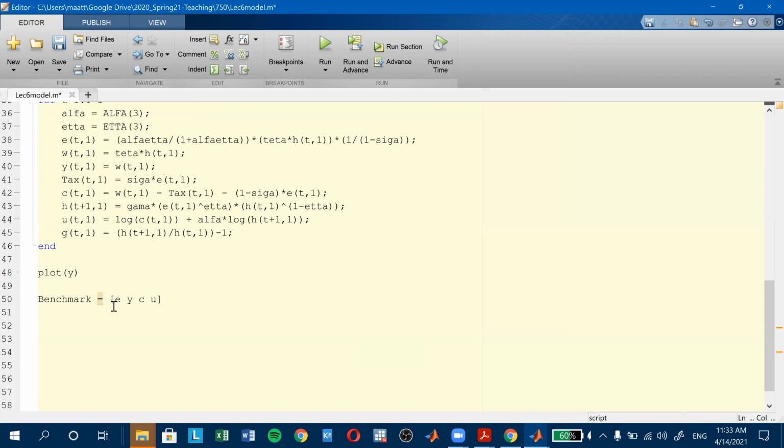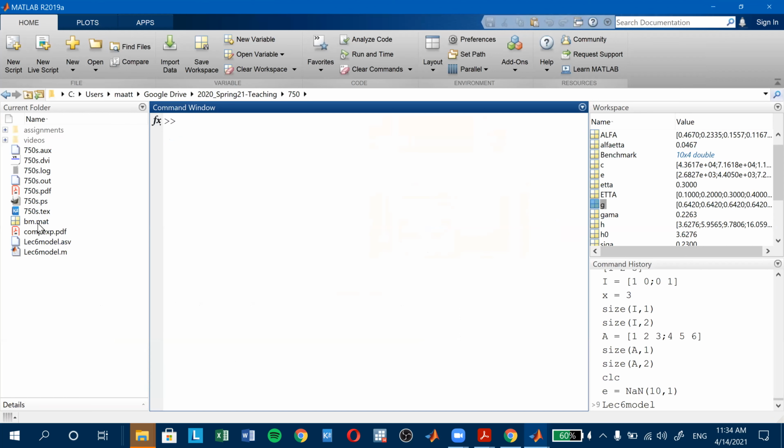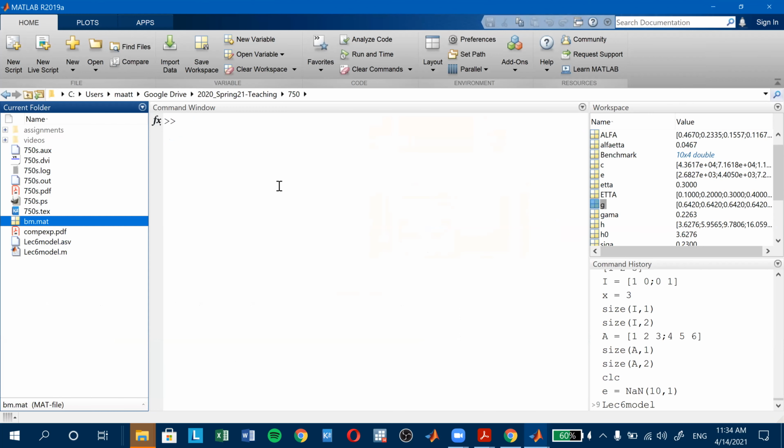So you have save benchmark.mat. Mat is the file extension for MATLAB files. So when I do that, you're going to have, as you see, BM mat, right? So that was not there before.